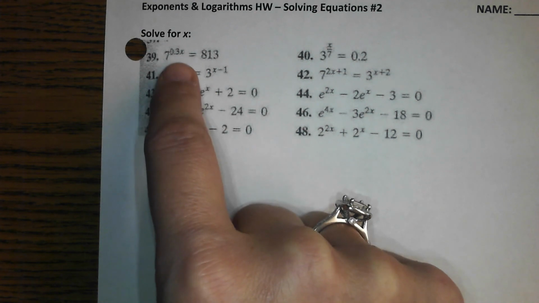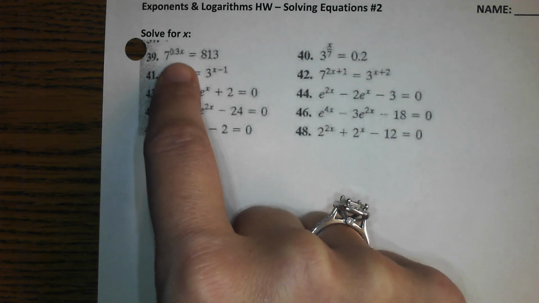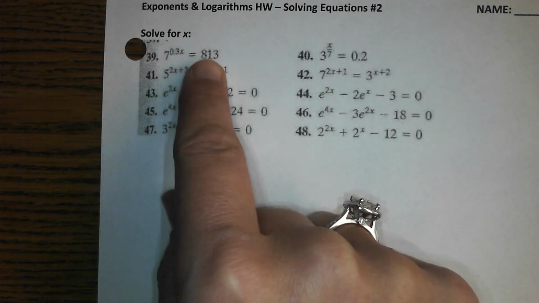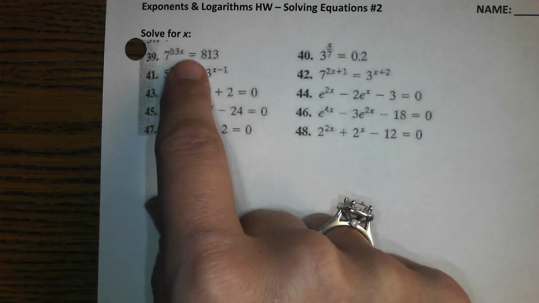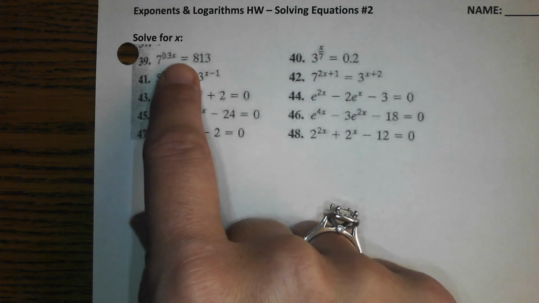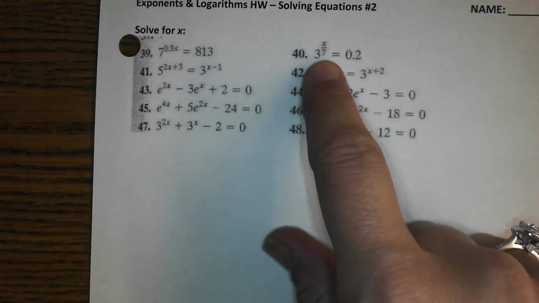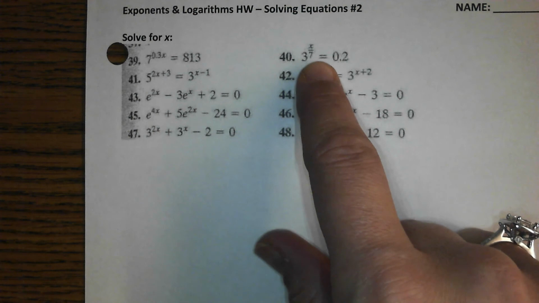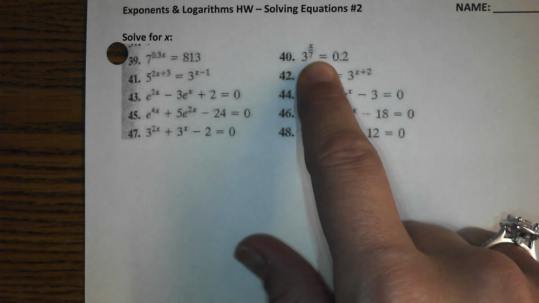Just looking at number 1, because 1 only has the base of 7 on one side and there is no base on the other side, you can just take which log on both sides? Log base 7. So that would be one where our techniques from Friday would be very fast. This one only has one base. So on 40, you're going to take log base 3 on both sides. That'll be quick.